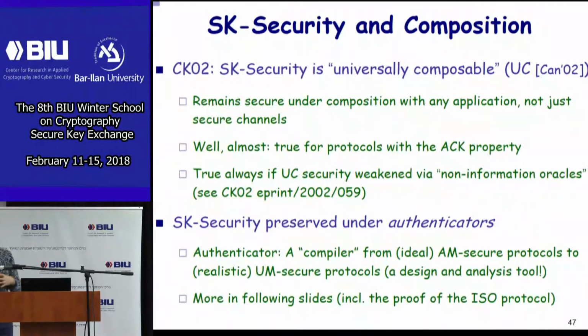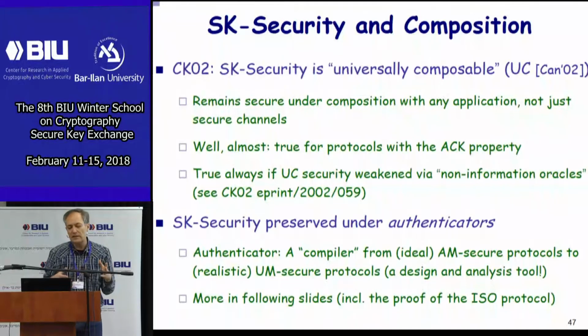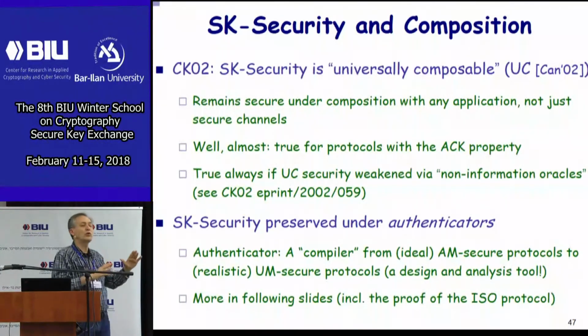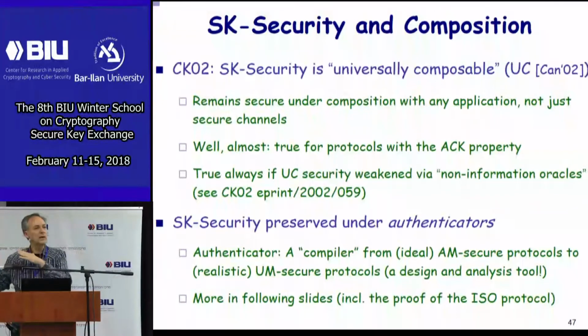One of the advantages of the work I did with Ran Canetti is that we can prove protocols secure in this Canetti-Krawczyk model, which today has been extended also to Bellare-Rogaway. Usually there is a big gap between indistinguishability-based definitions and UC or composition-based definitions.